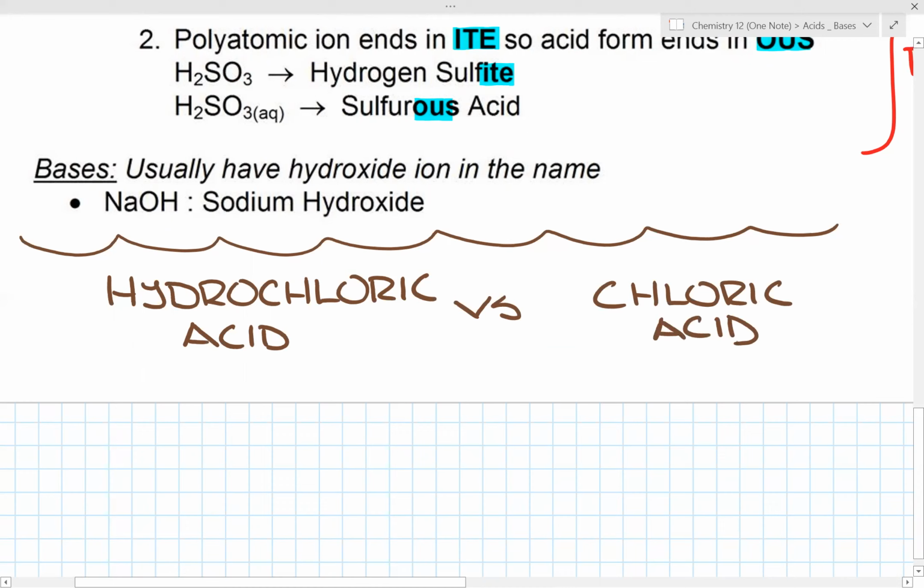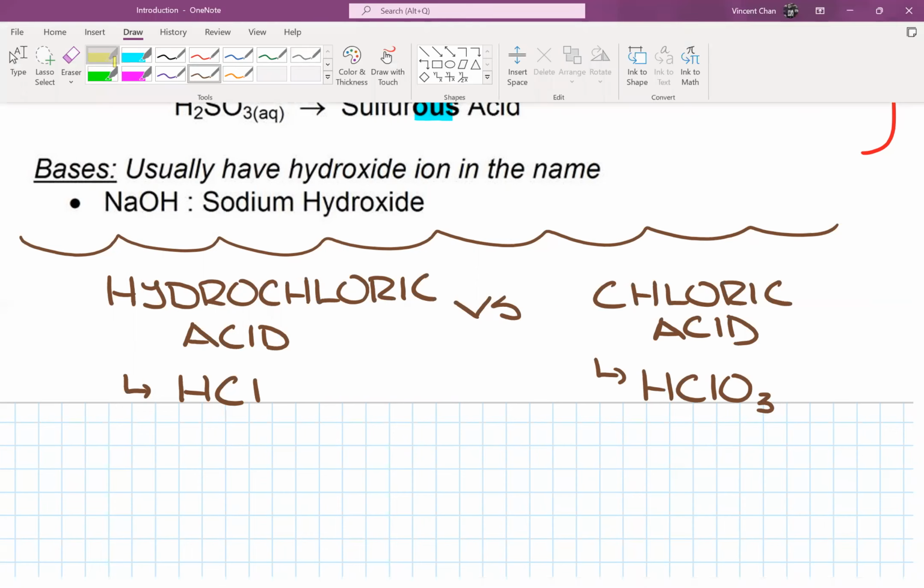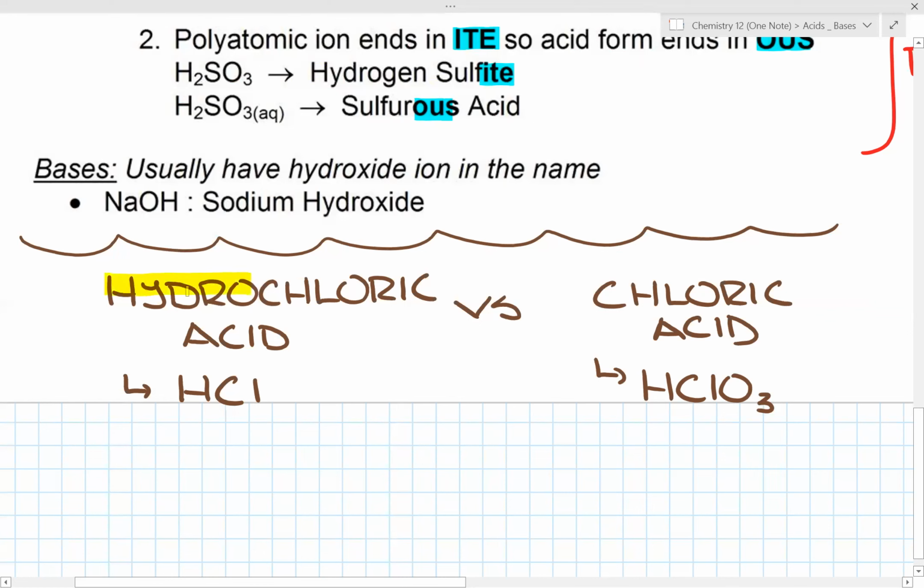Now, the names look familiar, they look similar, but this one would be HCl, while this one would be HClO3. How do I know hydrochloric acid is HCl? Because you look at the name: there's hydro in the beginning and ic at the end, which means it's a two-element acid.